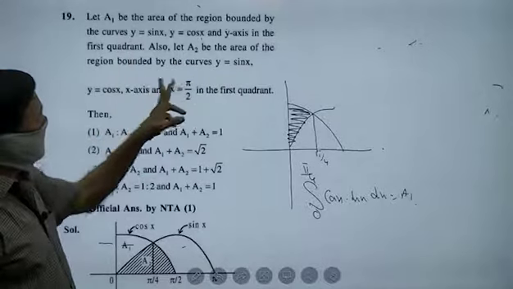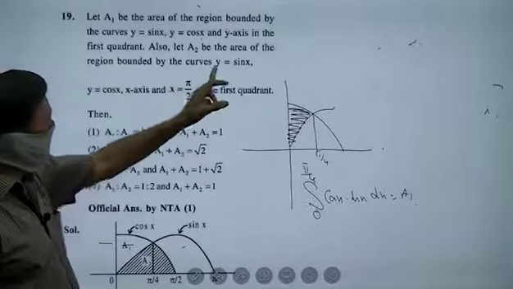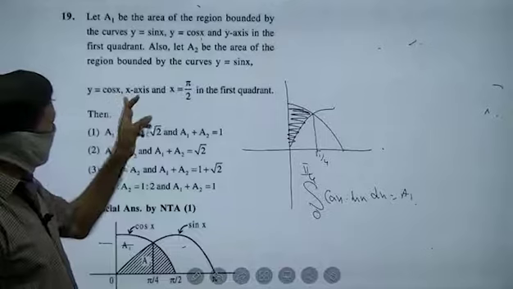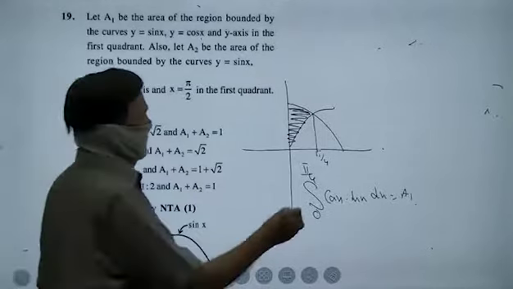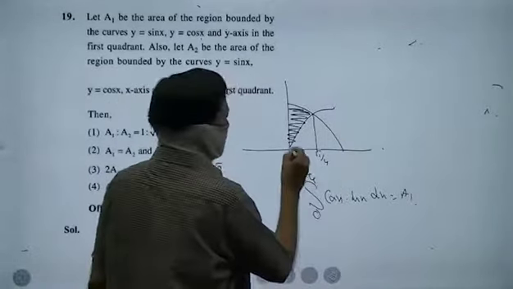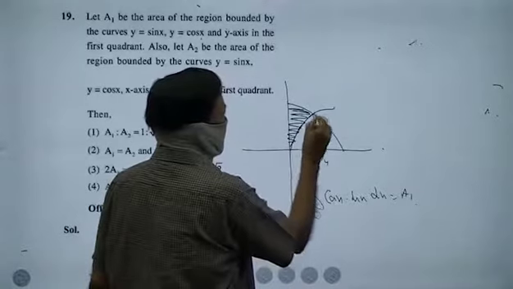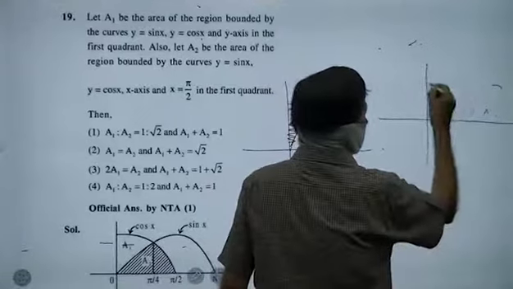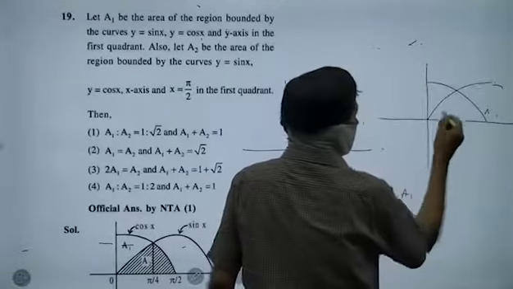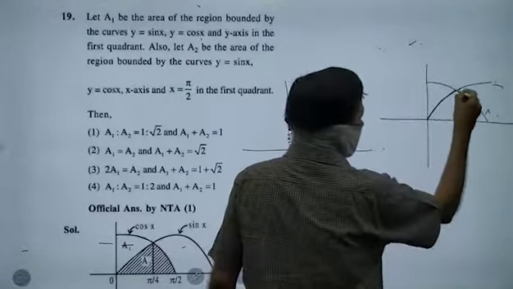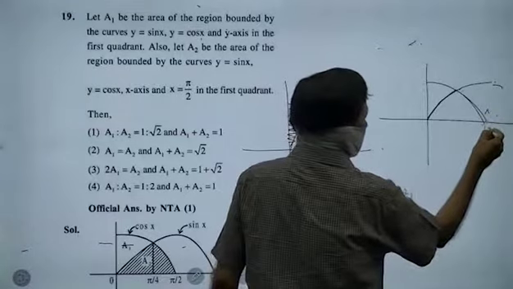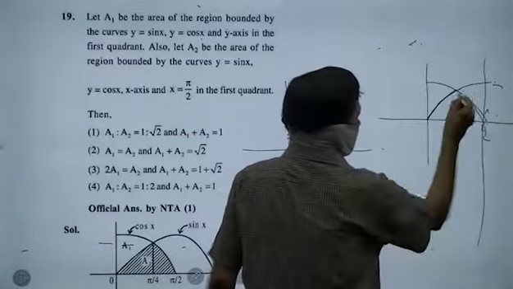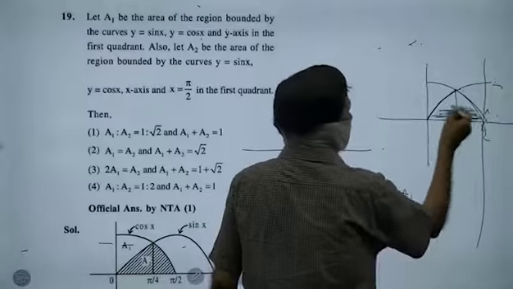A2 is the area of the region bounded by the curves y is sin x, y is cos x, and the x axis. I will draw one more diagram. Y is sin x, y is cos x, up to pi by 2, x axis means this area.